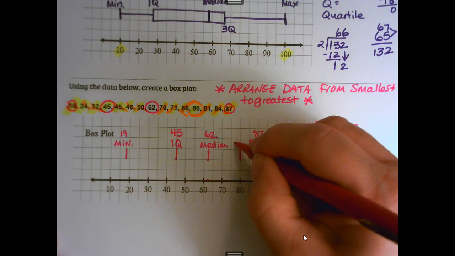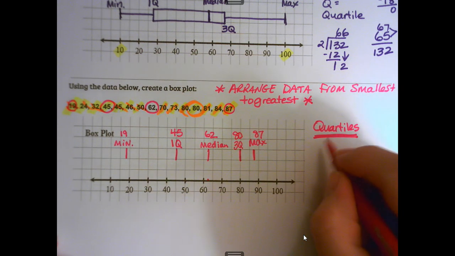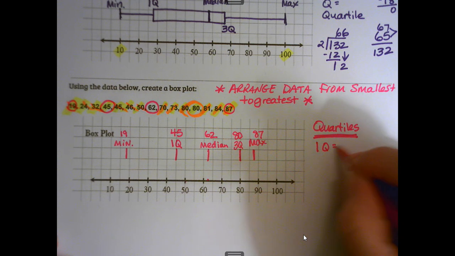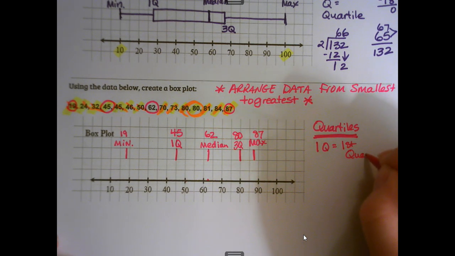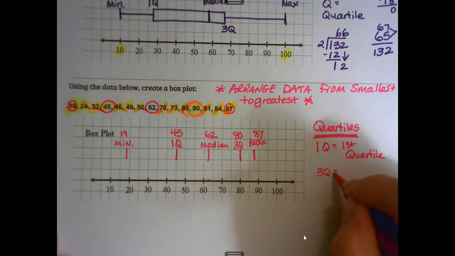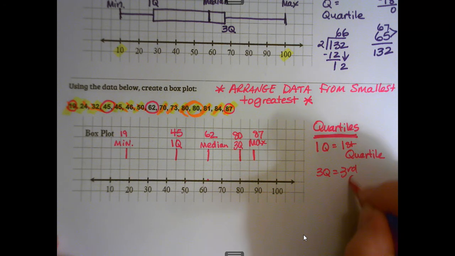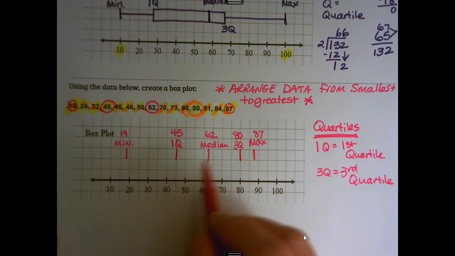And we're going to put 3Q, and that's 80. And we're going to write 1Q equals first quartile, and 3Q equals third quartile.